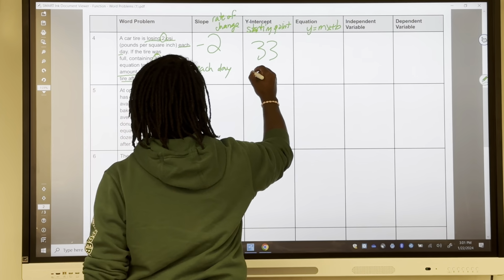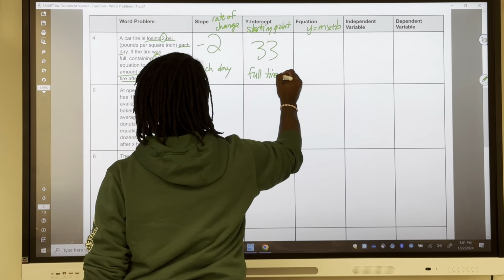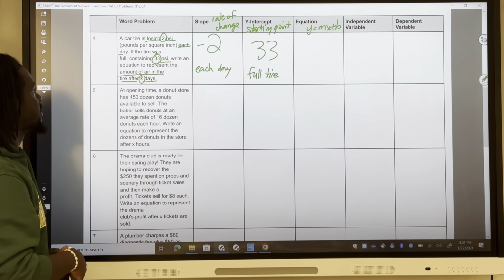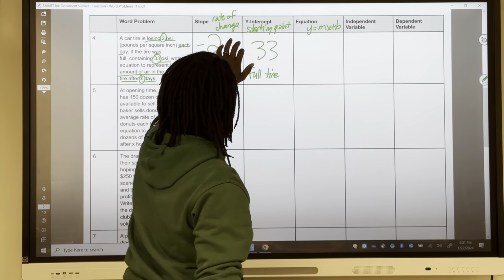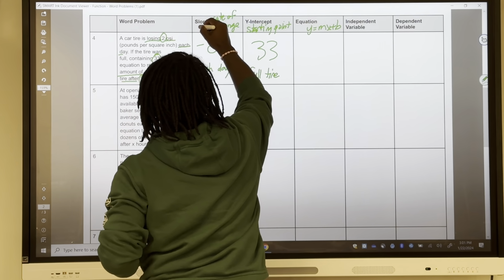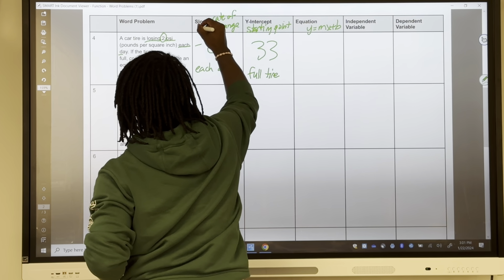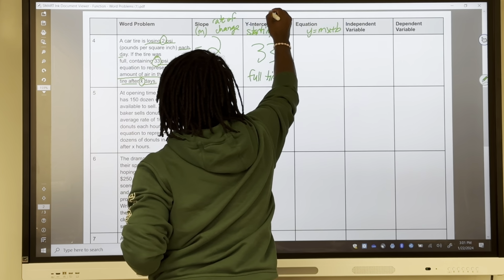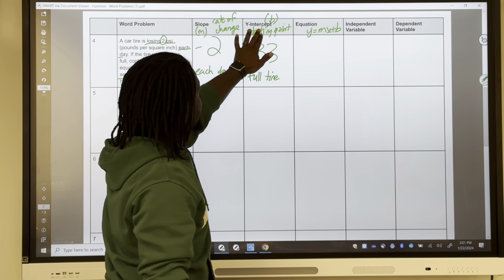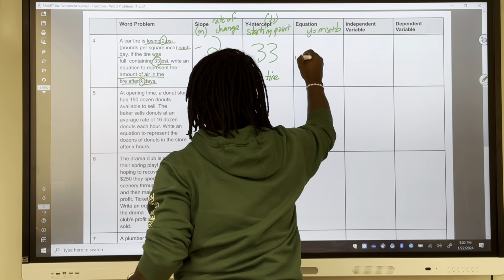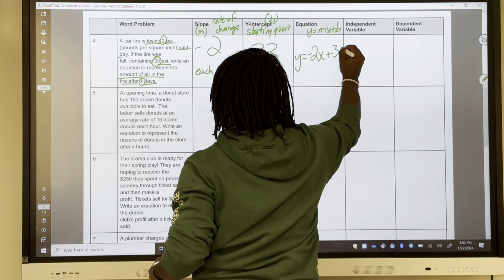So it was the full tire in this situation. Okay, it was a full tire. All right. Then we take the slope, put it into the m. That's the b, right? So we take the m, put it in, take the b, substitute that in. So our equation is going to be -2x plus 33.